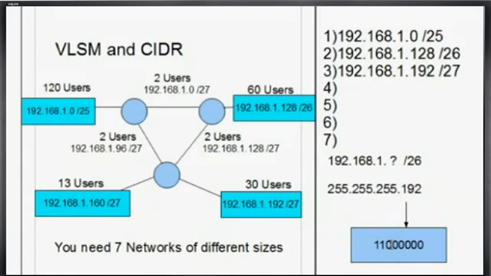The magic number in this case will be 32: 128's place, 64's place, 32's place. Magic number is 32. In decimal form, it would look like this, and it would give me 32 hosts.